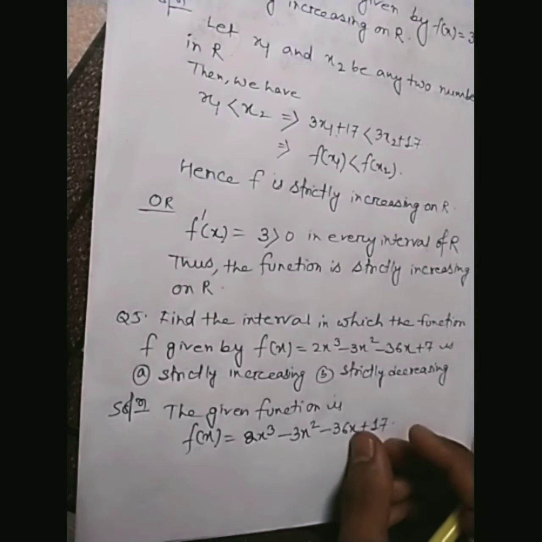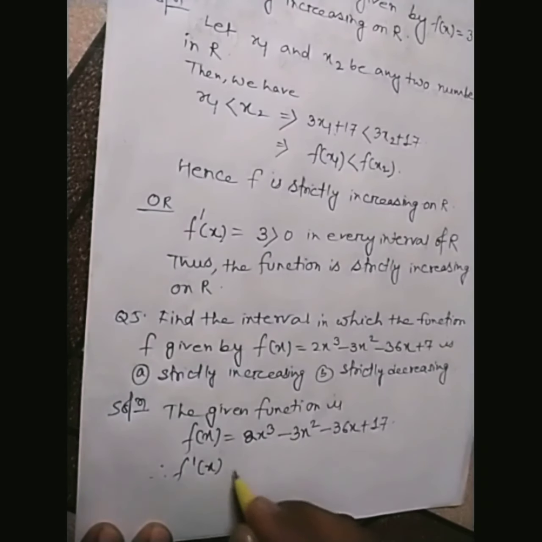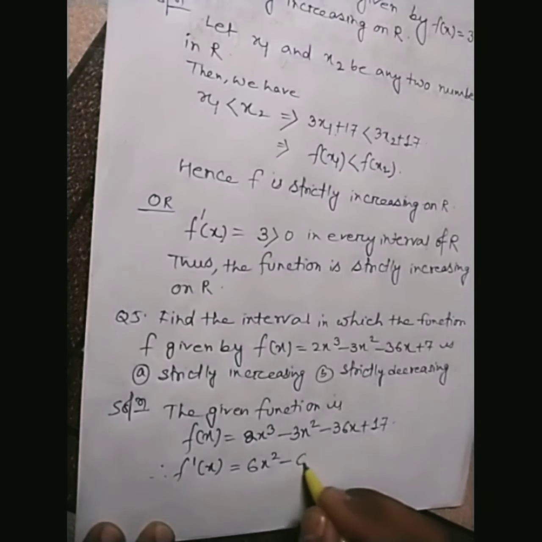Okay, this is the given function. Now find f'(x). Therefore f'(x) equals, so what will we get? 6x^2 - 6x - 36.